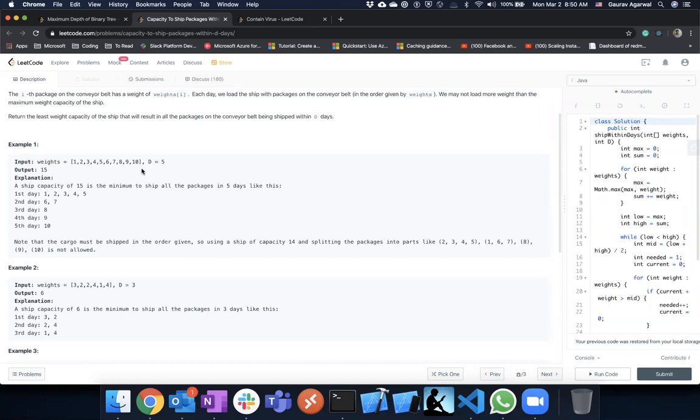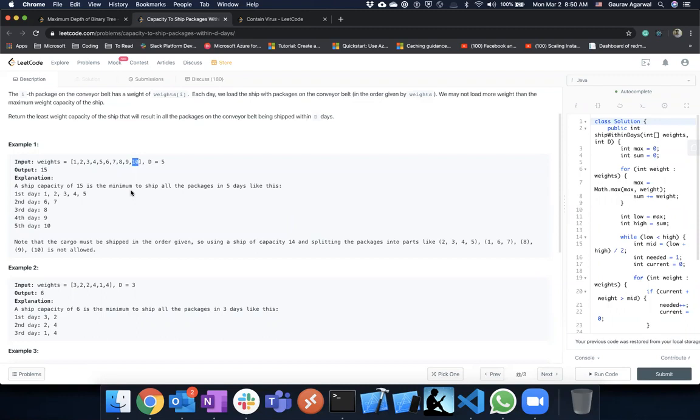Because the max is 10, at least we need to put 10 in one day, so we should start with 10, and then the total sum, as you said, is 55.